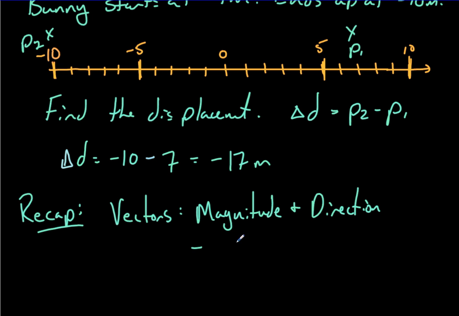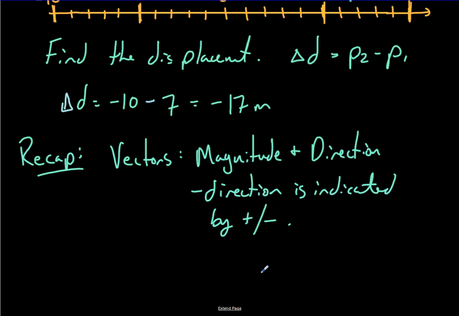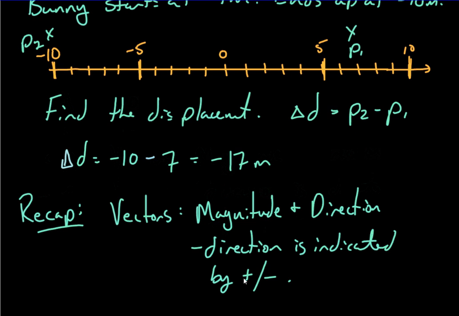So the direction is indicated by plus and minus. Lots of times people ask, how can you have a negative displacement? How can you have a negative velocity? Easy.